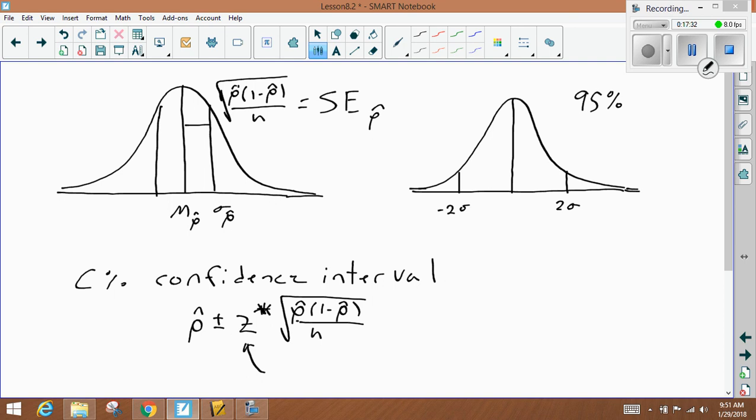And what is our area over here? If we look at our Z table, that should correspond to a Z value of negative 2 and a Z value of positive 2, right?